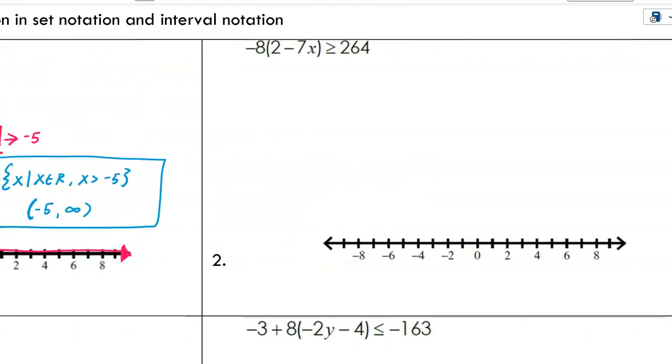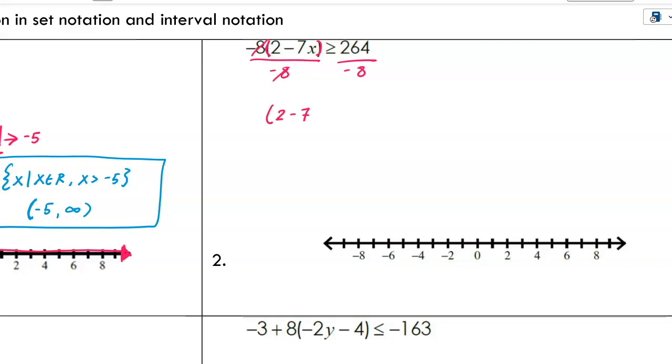Okay, once again I can distribute, but since it's factored out, I can go ahead and divide that entire thing by -8. And since that binomial, 2 minus 7x, is a factor, I could just simplify that.